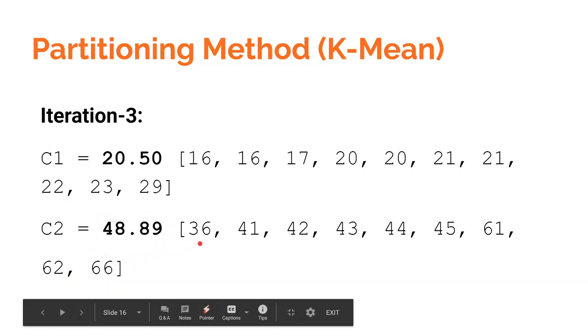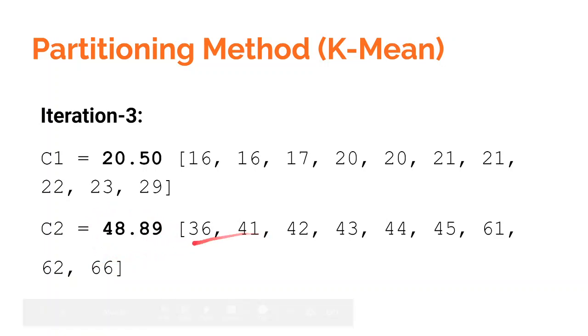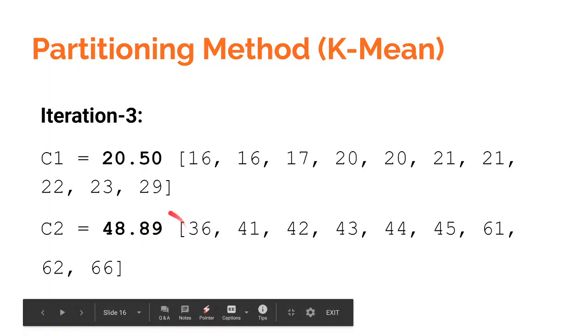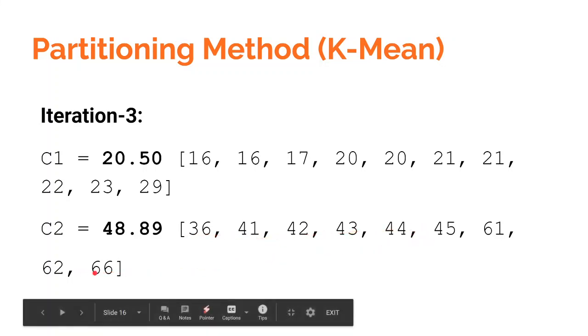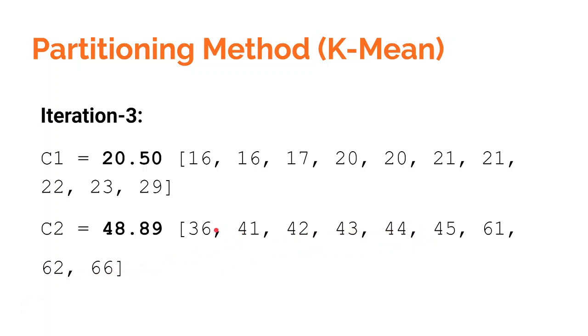Because if you subtract 36 from 49, or 41 from 49, or 49 from 66, you will get less difference than if you subtract 21, which is the updated mean value of cluster 1, from 36 or 41 or 49 or even from 66, where you will get a huge difference.